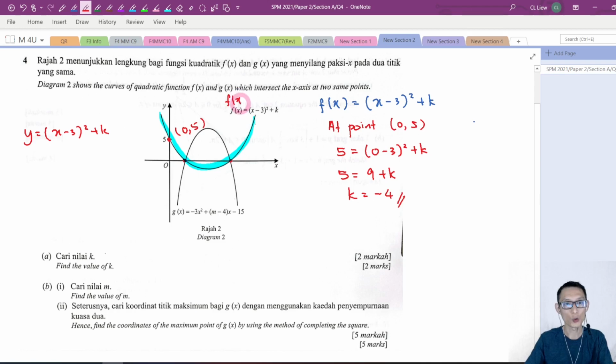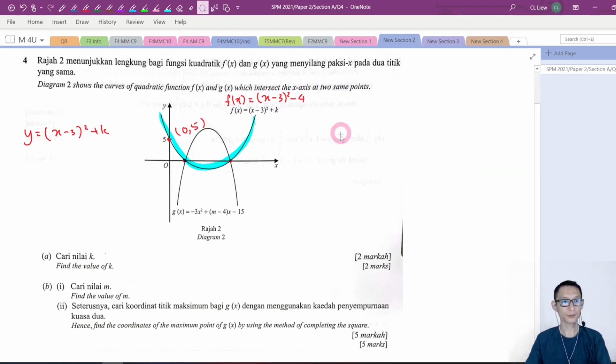So now we know that this equation is equal to x minus 3 squared minus 4. Let's proceed to the second part. Find the value of m. Okay, we want to find the value of m. Try to look at this equation, x minus 3 squared minus 4.